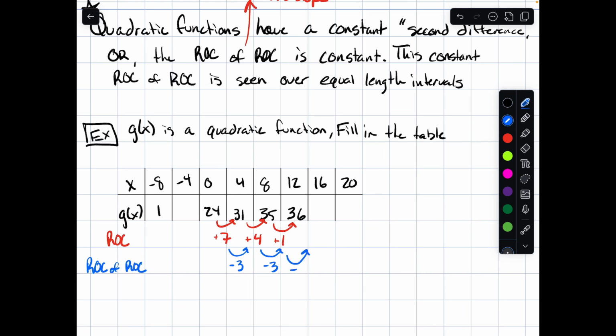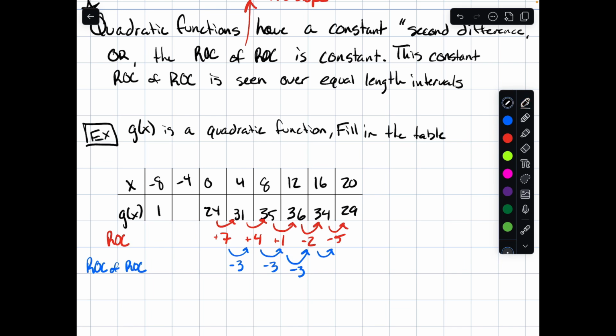The next jump would be minus 3 again. So that rate of change would go down by 3, so minus 2, and then 34. I'm going to go down 3 again, so I'd go to minus 5 and 29.